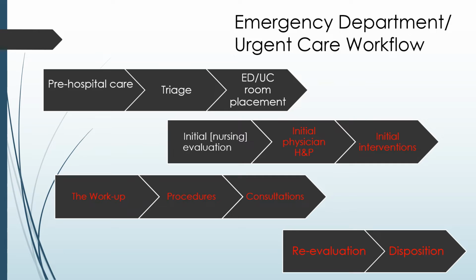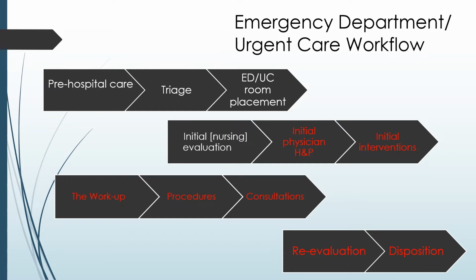So our emergency department urgent care workflow is going to be very similar. So mostly for just the ED, there might be some pre-hospital care. So this might be ambulance, that kind of thing. Then there's triage, room placement, and an initial nursing evaluation.